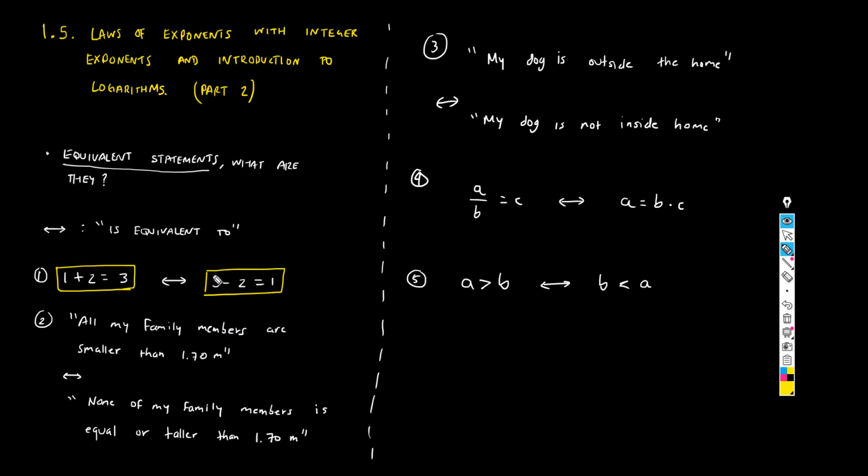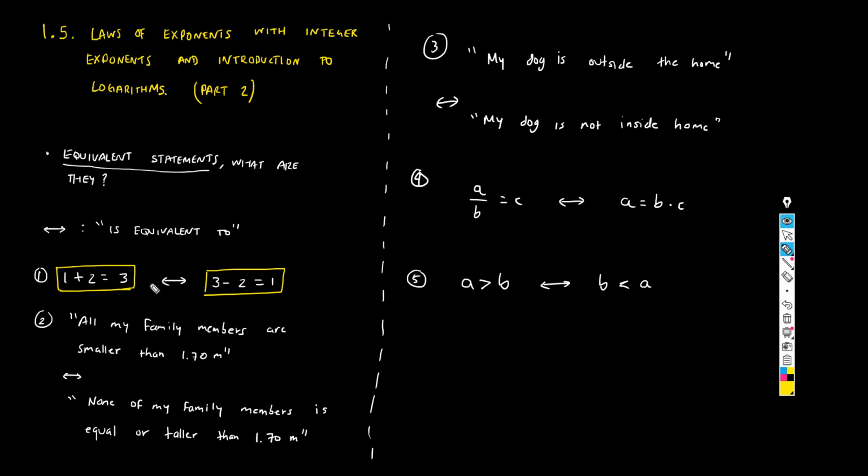This and this, even though they look different, because in here we have a plus sign, in here we have a minus sign, they actually convey the same information, right? 1 plus 2 equals 3 is equivalent to saying that 3 minus 2 equals 1. And we can in fact go from one to the other or vice versa without any problem.